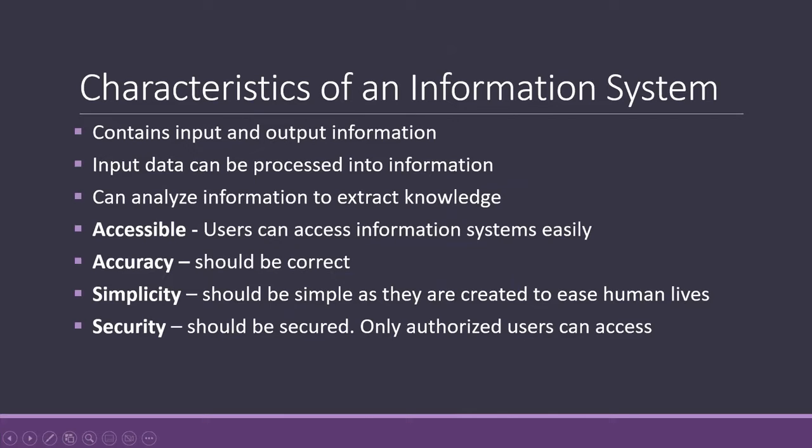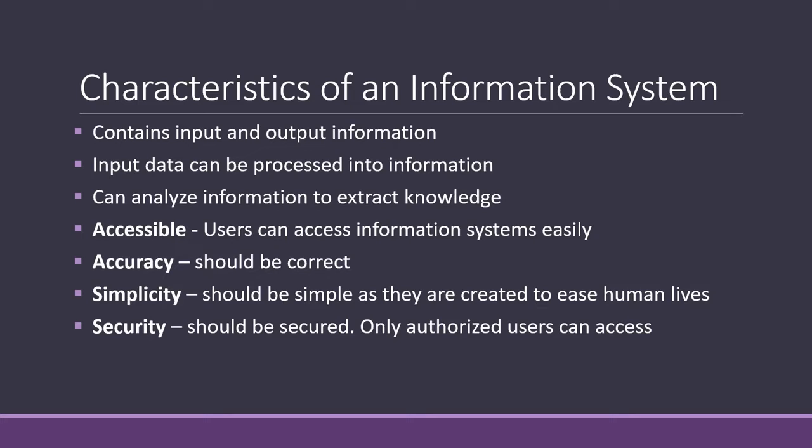So let's see what the characteristics of an information system are. The first thing is that an information system should contain both input as well as output information. Then input data to the system should be processed into the form of information. So the system should be able to analyze information in order to extract some knowledge.